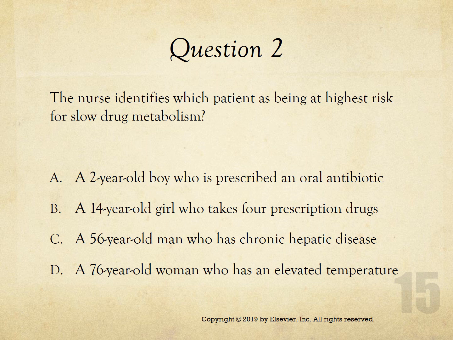The 76-year-old, while they're older, and that is a consideration for drug metabolism because of aging of their organs, there's no indication of any chronic illness that would interfere. It doesn't indicate anything's going on with the liver or the kidneys. So that is why C is the best answer here.